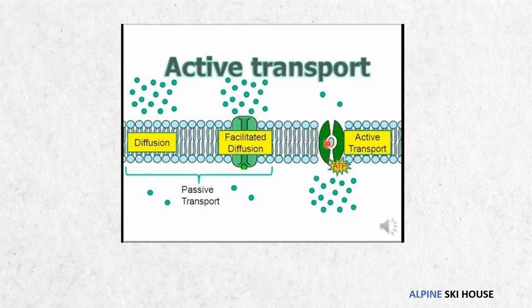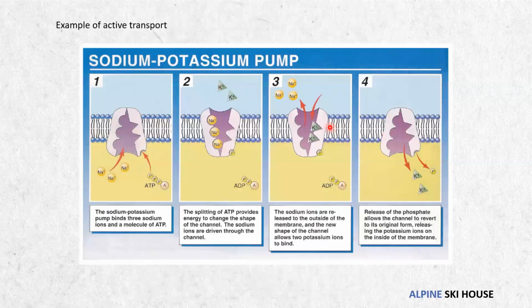Both of these pumps are similar. Just here, this is down the concentration gradient. This is against the concentration gradient. No ATP here, ATP required by the pump. An example of active transport is the sodium-potassium pump.